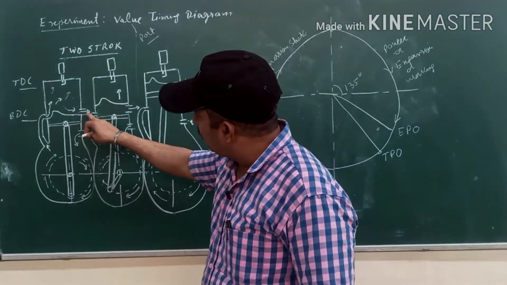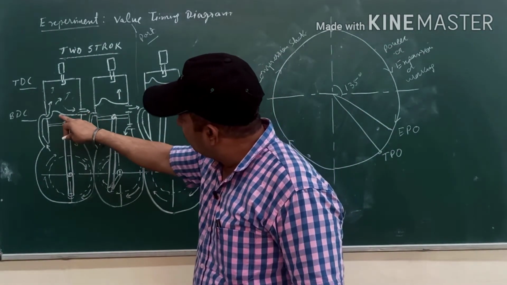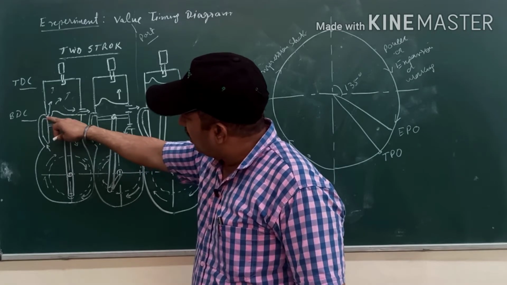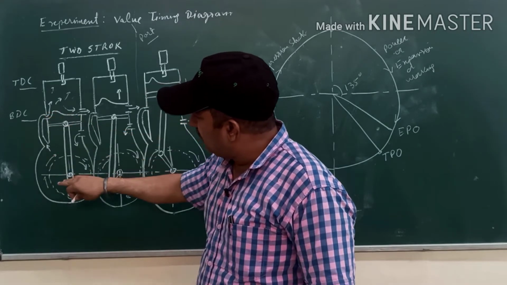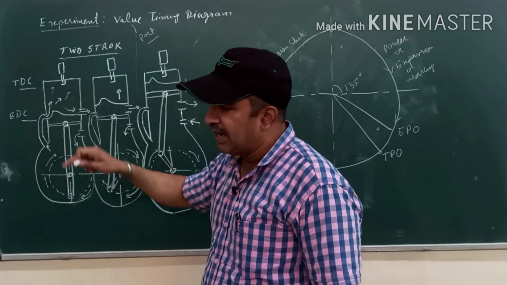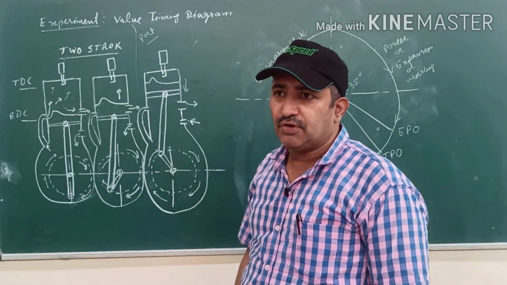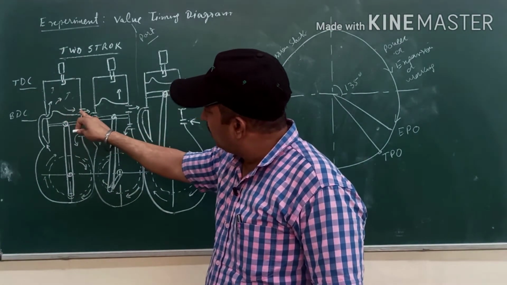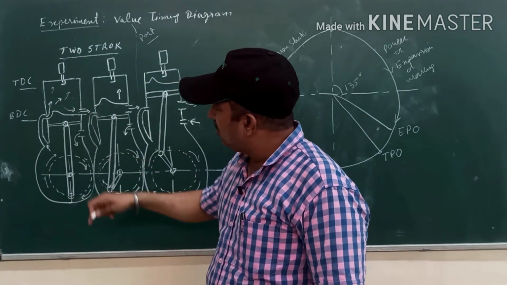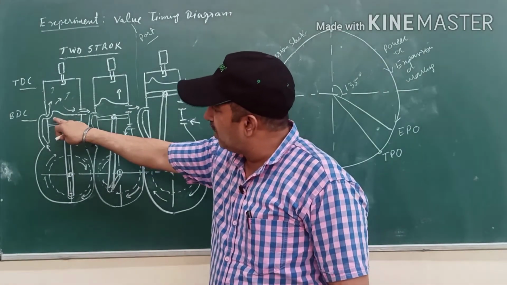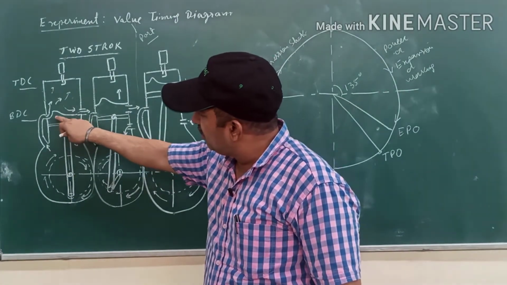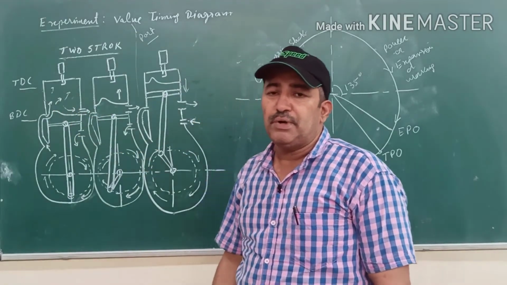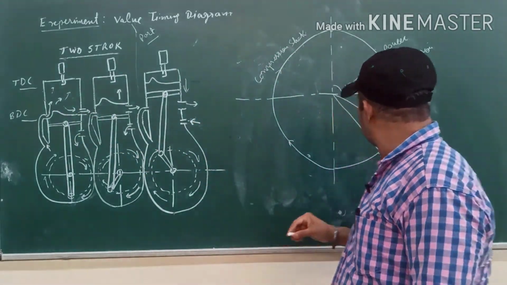This is exhaust port open, and when the piston moves slightly downward, transfer port opens, and with high pressure air and fuel mixture enter inside the combustion chamber. It releases the exhaust gases out. You can see the shape of the piston crown. It helps to remove the burnt gases from the combustion chamber.